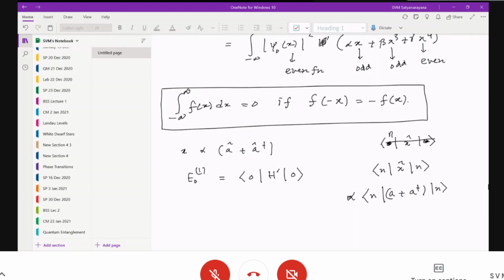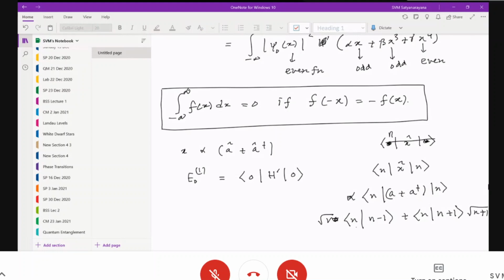When a acts on n, it becomes n minus 1, plus when a dagger acts on n, it becomes n plus 1. Of course, there will be some factors here, root n and root n plus 1, but it doesn't matter.